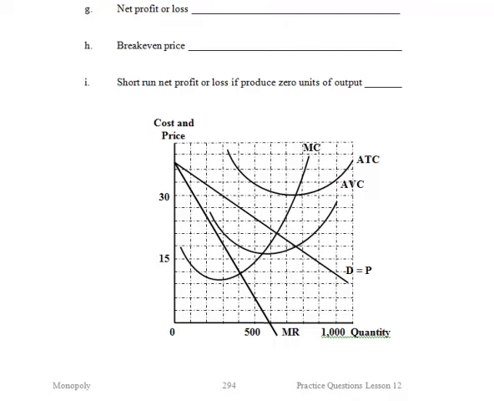Then you're asked this last question, and it says, well, what would the short run net profit or loss be if they produced 0 units of output? It's a good question. I'm not sure if I asked you this on the test. Probably not, but I still think it's a good question to touch on.